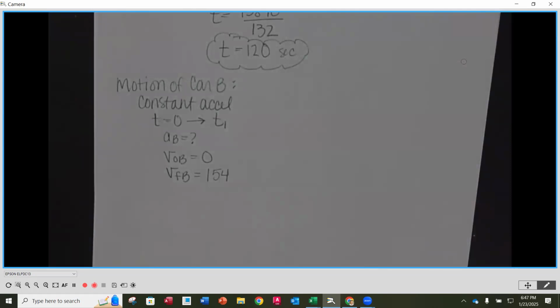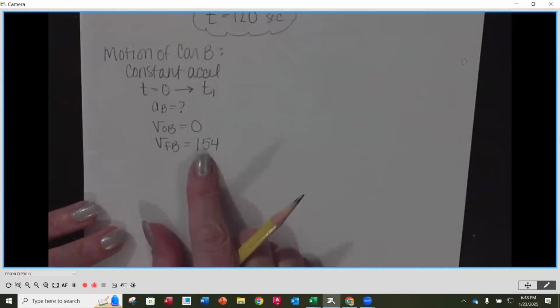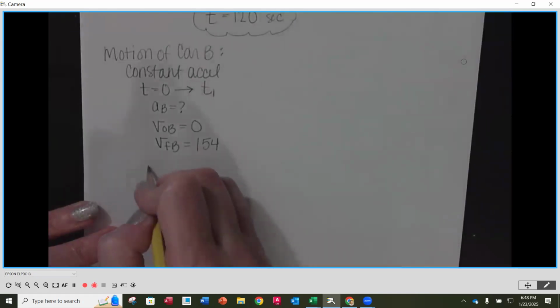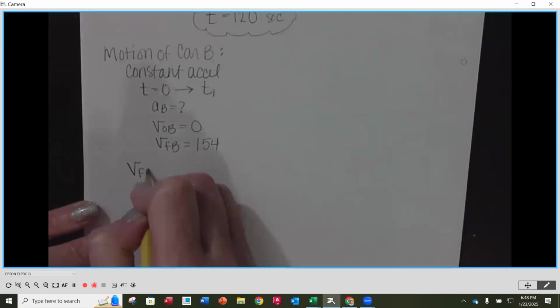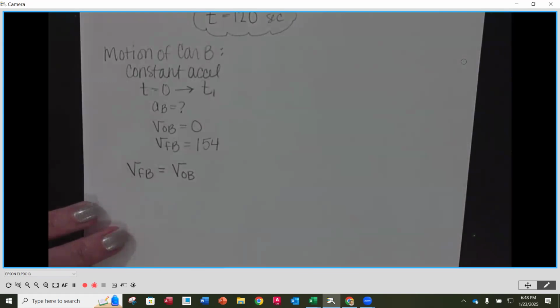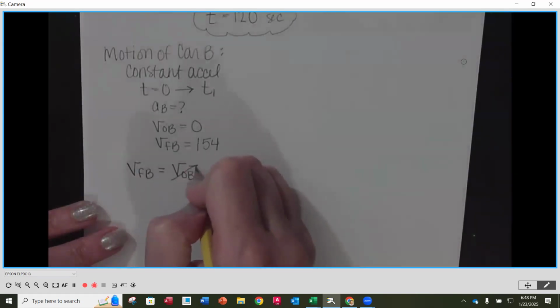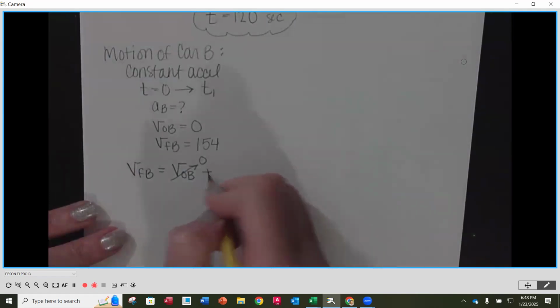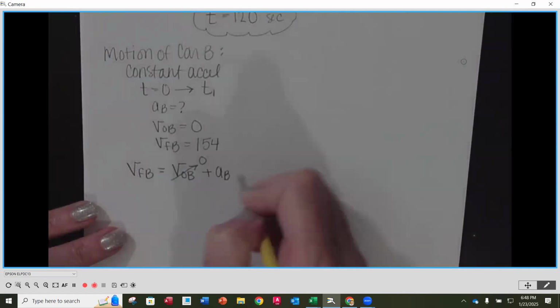Now, for this section then, we know that we're going to end with 154, but what we want to do is find this velocity in terms of the time and the acceleration. So we can say that the final velocity VF is going to be equal to the original velocity of B, which we know is 0 since the police officer started out from rest, plus the acceleration of car B times time 1.